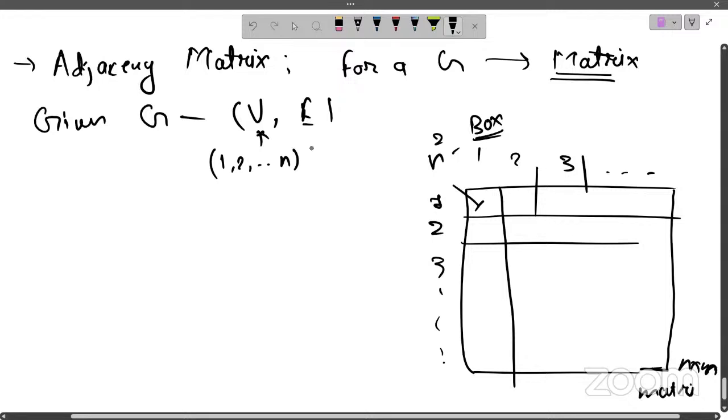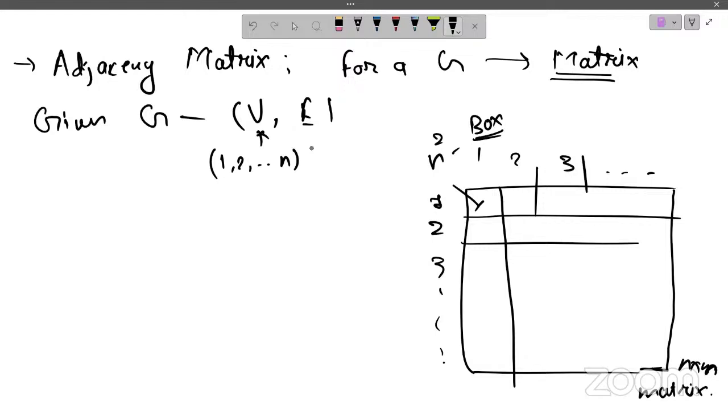You guys are familiar with matrix, right? A matrix is nothing but a collection of entries. For example, here I have to fill n square entries. I'll fill it in such a manner that the entry Aij is the box in the ith row and jth column.